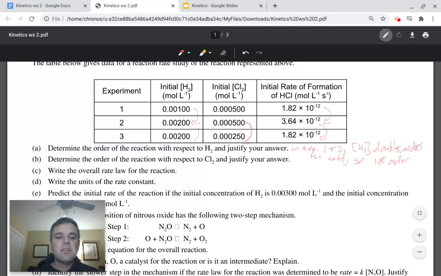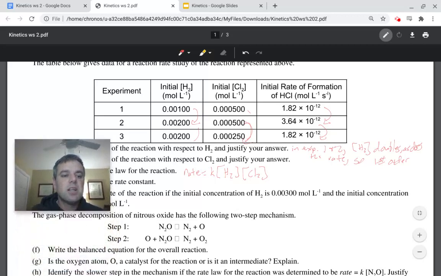So then you could write the rate law. So rate equals K times the concentration of hydrogen times the concentration of chlorine. Then for the units, that's where you would plug in the moles per liter per second and the moles per liter and the moles per liter and solve. You could also find the value of the rate constant.